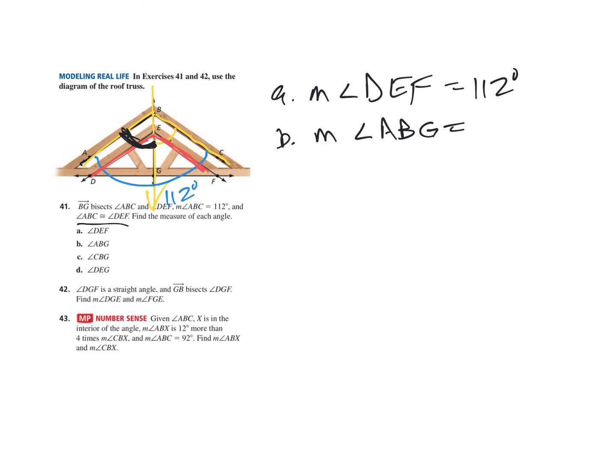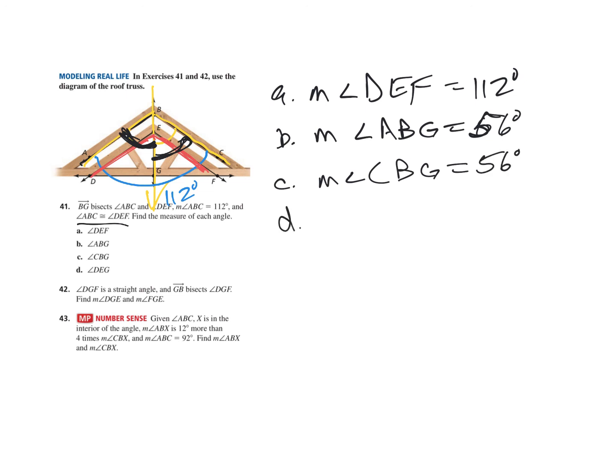BG is a bisector, so all we have to do is take 112 divided by 2. It's bisecting it into two pieces. So that's going to be 56 degrees. C is the measure of CBG. CBG is this angle right here, which is the same as ABG, because it's a bisector.